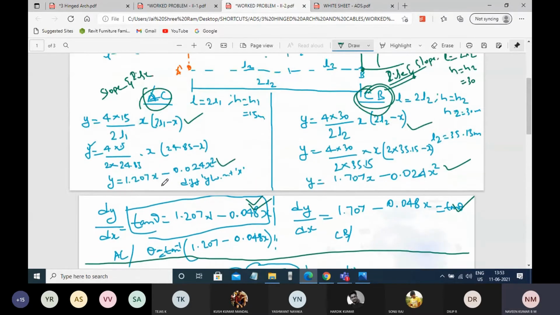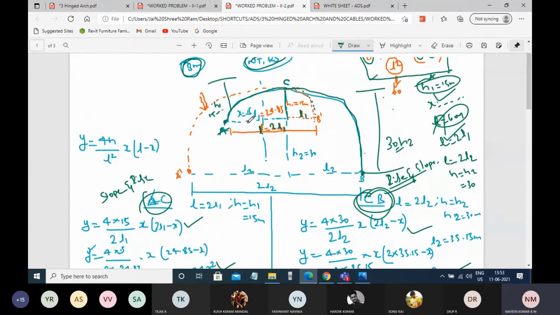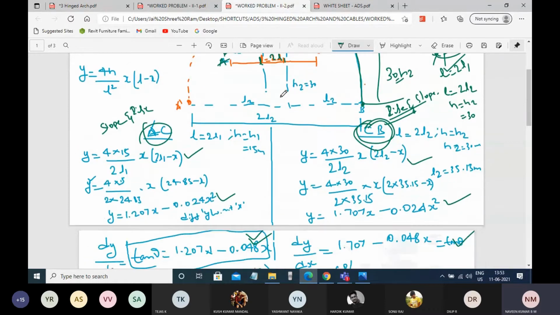Here we are finding the normal thrust, radial shear and bending moment within the AC segment. Then you need to consider the slope equation of the AC segment only. If you consider the slope equation of the CB segment, it is wrong. Understood?